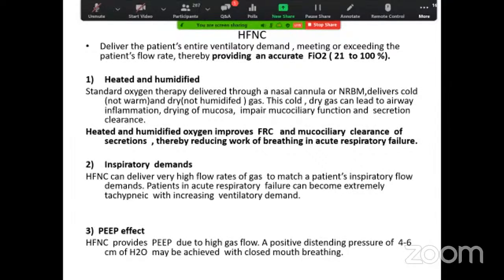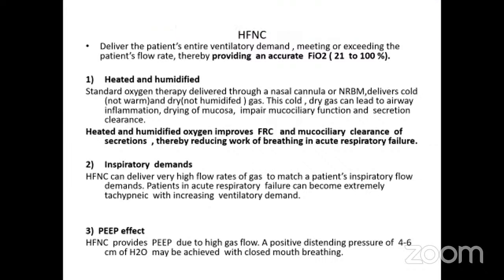So what are the advantages? Heated and humidified gas. Standard oxygen therapy delivered through nasal cannula delivers cold, not warm and dry gas. So this cold and dry gas has to be arranged for heating and humidity in our HFNC.